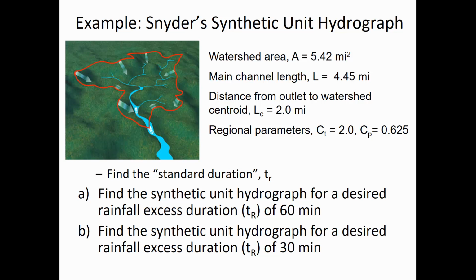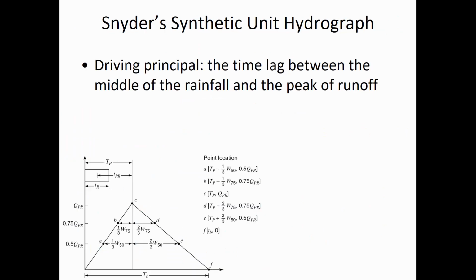Okay. So step 3 is we're finding the Q sub PR. This is the peak discharge. And the reason why we're calculating it is it is going to tell us how high on the vertical axis we go.